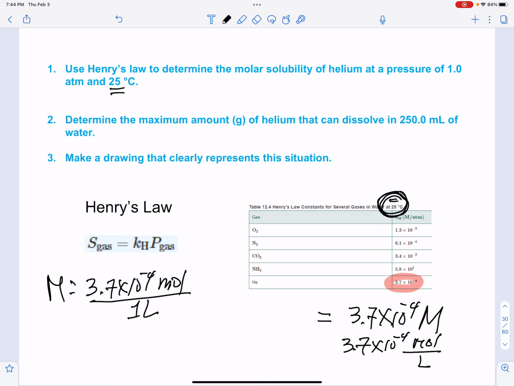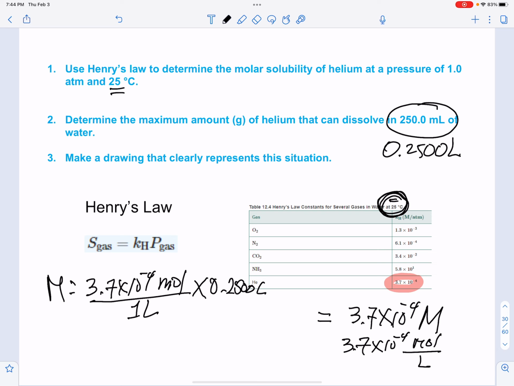So if I have 250 milliliters, which is the same as 0.250 liters, then all I have to do is multiply that by 0.250 liters, and that will give me my moles, right?